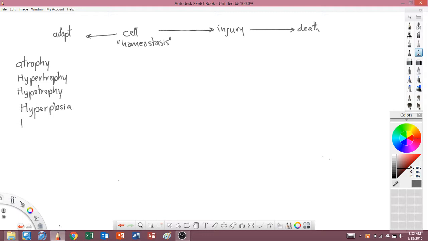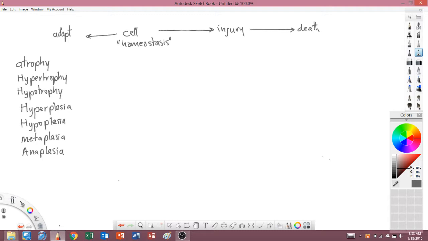And there should be hypoplasia. And of course, there should be metaplasia. Anaplasia. Okay. So these are some adaptations that cells will go through to make sure they survive and withstand the stress that's coming in their life. And who's the cause of stress? We are. We are the one.